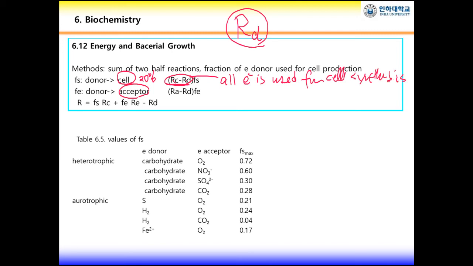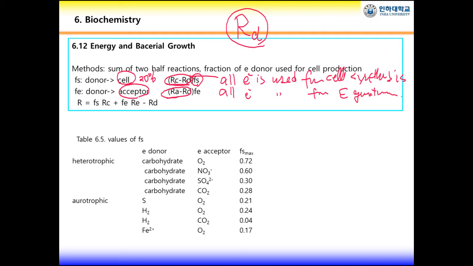And if we know the fraction of electrons that is used for cell synthesis, we can multiply by Fs here. Then the other electrons will be used for energy production. So this Ra minus Rd reaction is the reaction in which all electrons are used for energy generation. If we multiply by Fe, then an Fe fraction of electrons is used for energy generation.